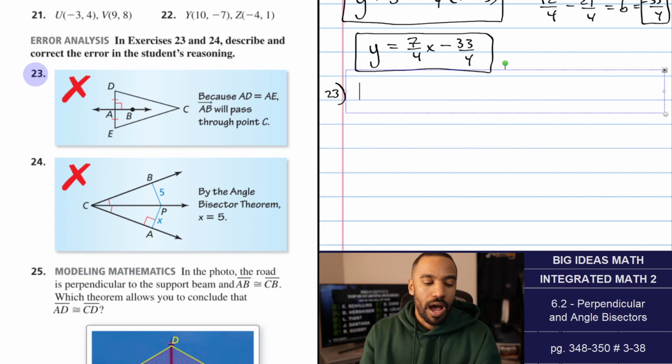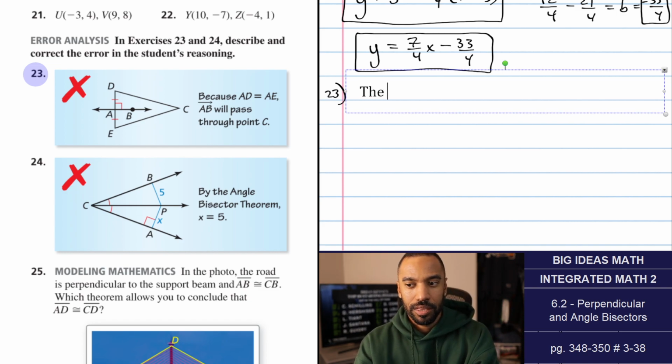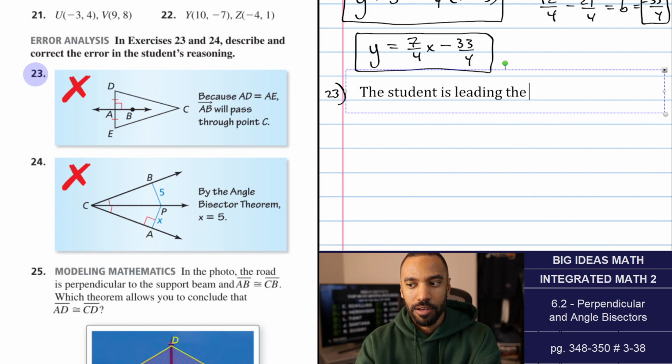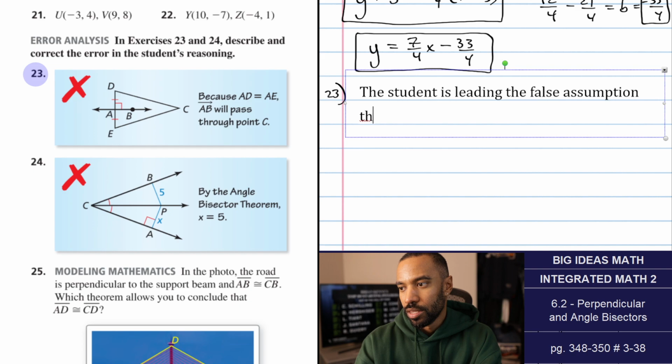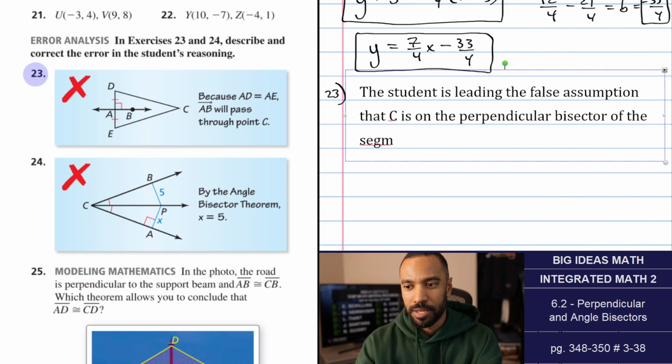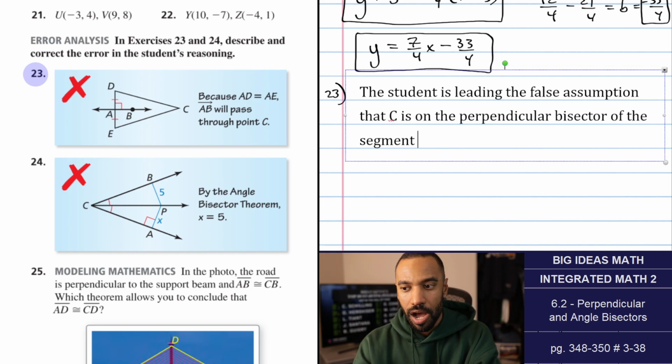The student is leading the false assumption that C is on the perpendicular bisector of the segment being perpendicularly bisected.